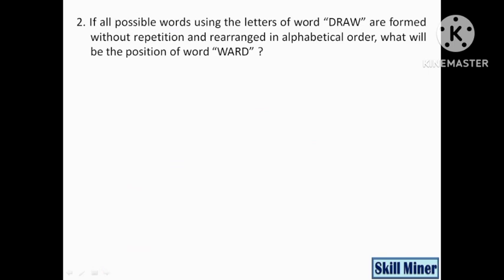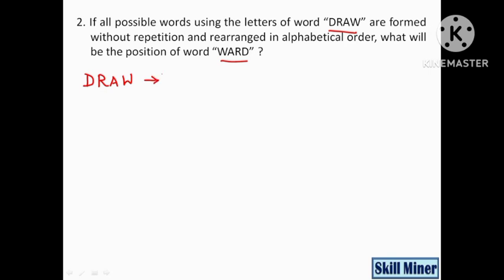If all possible words using the letters of the word DRAW are formed without repetition and rearranged in alphabetical order, what will be the position of the word WARD? Same concept, guys. There is a four letter word called DRAW.